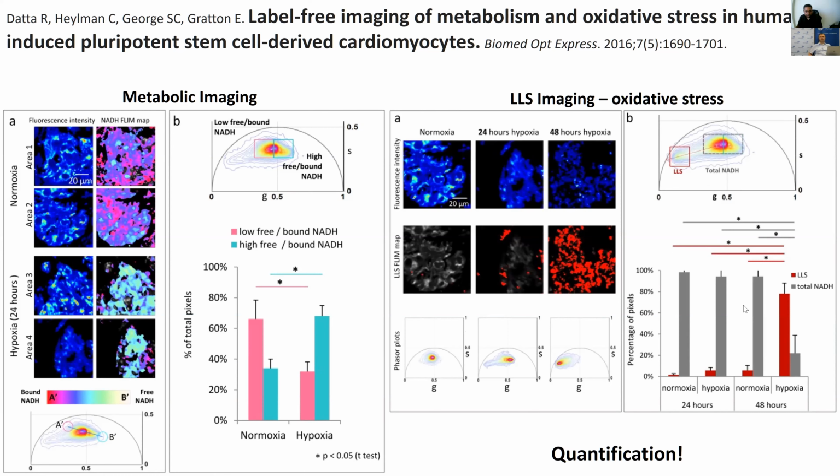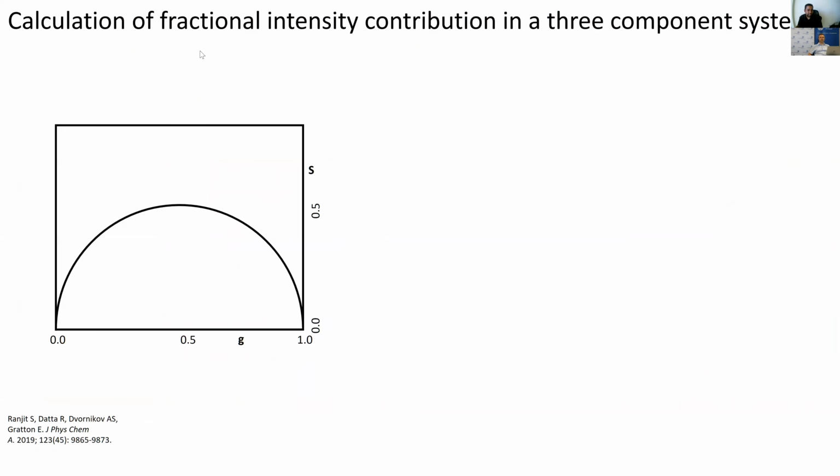So in vivo, I wanted to work a bit more. So we first created this, that was a few years ago, maybe last year, fractional intensity contribution in a 3-component system. So the idea is, if we have only 2 components, this would be along this line. However, if we have a third component, based on how much this third component is, it's going to drag it towards that component.